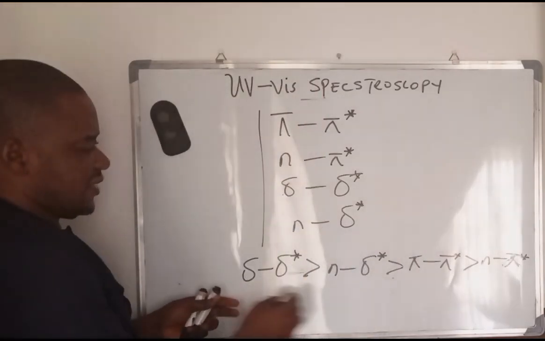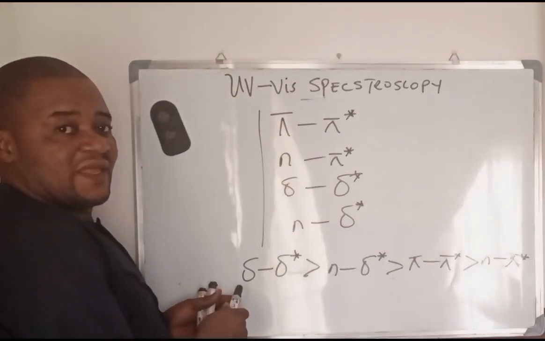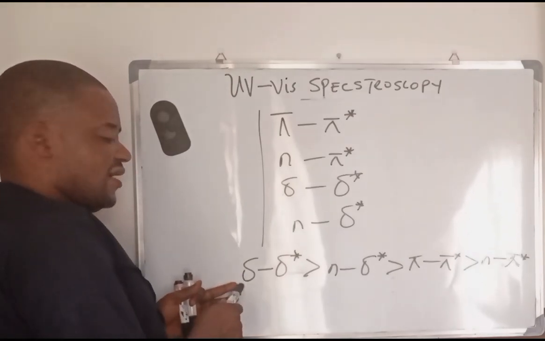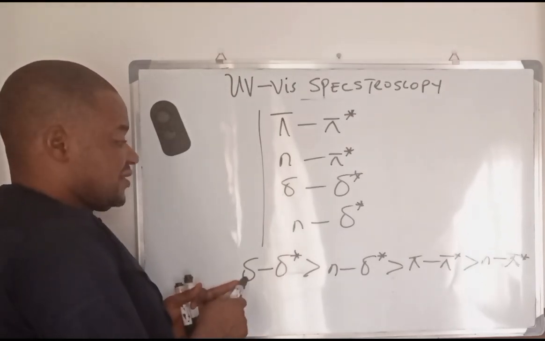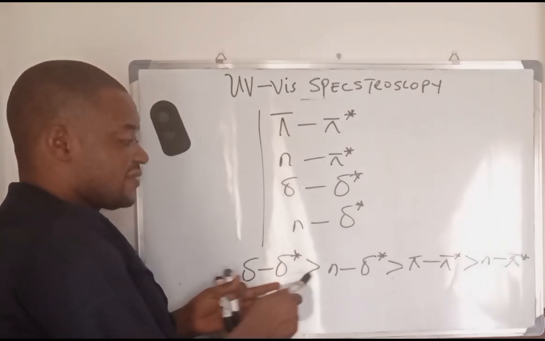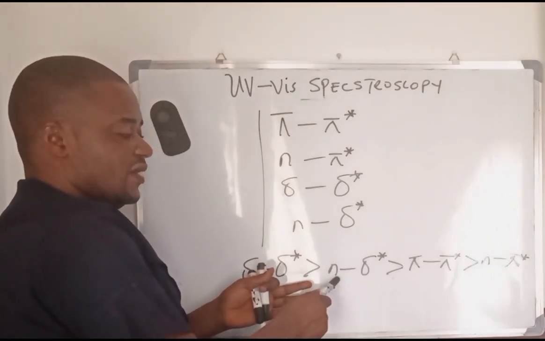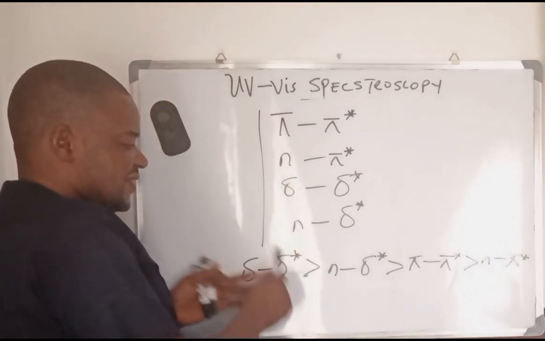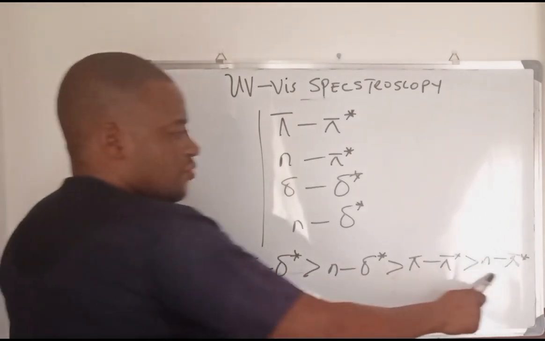So this is the order to which this excitation can go through. So there is higher excitation at the sigma to anti-sigma bonding, and there is also a non-bonding to anti-sigma bonding. So this will have a higher excitation compared to this.